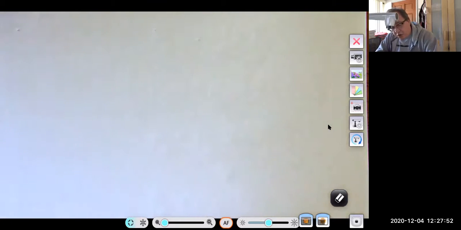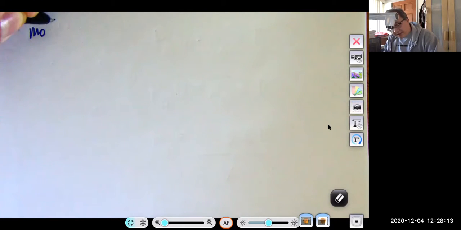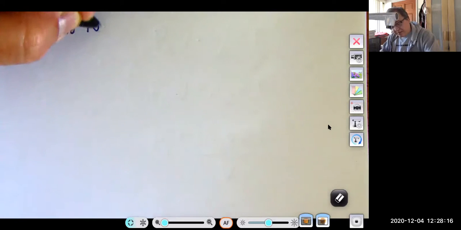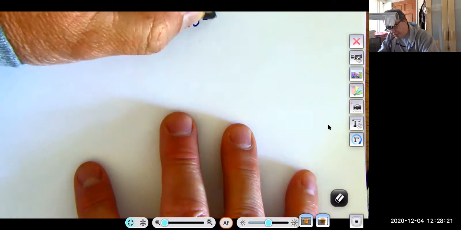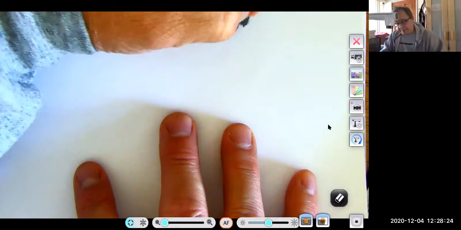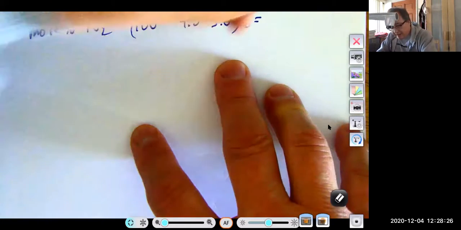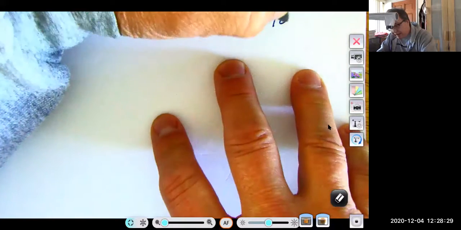Now, the mole percentage of H2S is 4.5%. The mole percentage of CO2 is 3.0%, and the mole percentage of N2 is going to be 100 minus 4.5 minus 3.0%, which is going to be 92.5%.